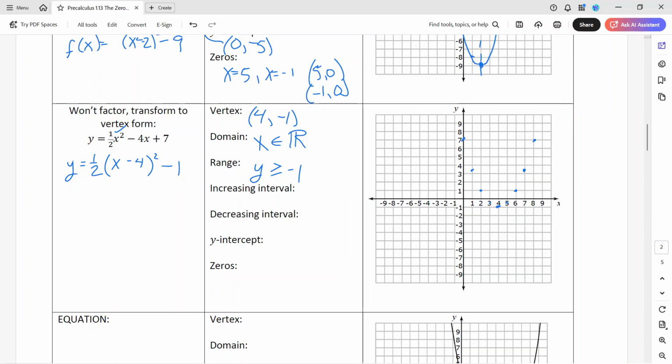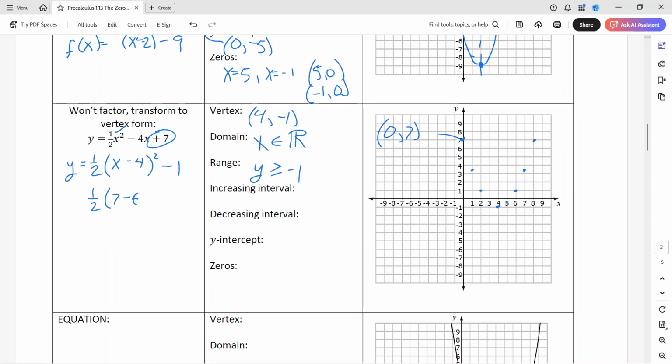So just for fun, just to demonstrate that we're right, notice that this is the y-intercept at x value 0, y value 7. Let's see what happens with an x value of 0. Oh, we don't need to, do we? Because there's the 7 right there. But watch, just to show that our transformation was correct.